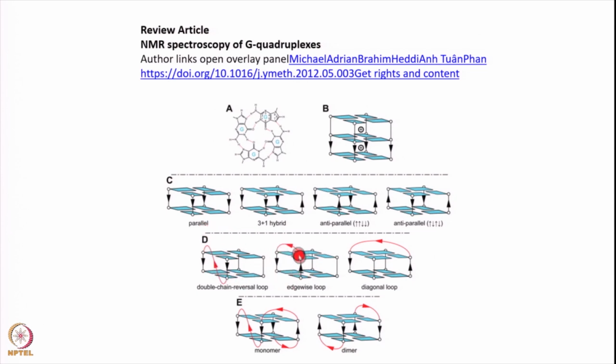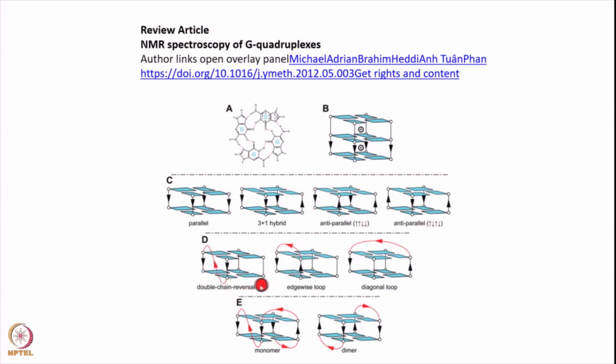But if these 2 chains are anti-parallel, then you can simply go in a loop like this and form a strand like this and form a pair here. Similarly you can have another one here, across the diagonal, so to say. So it goes from here to here, forms, then it folds the diagonal loop. So this is called the edgewise loop.